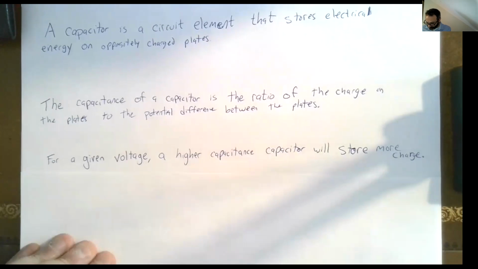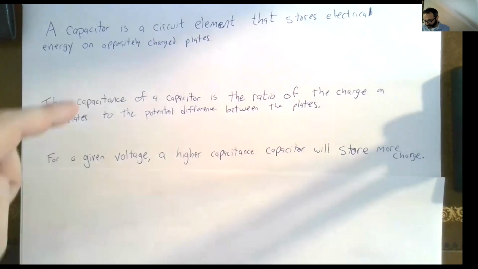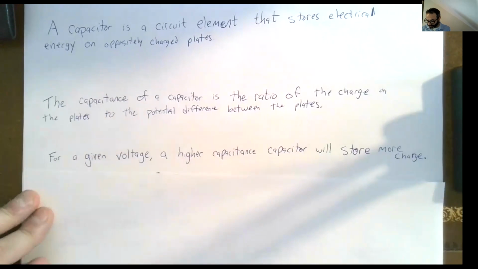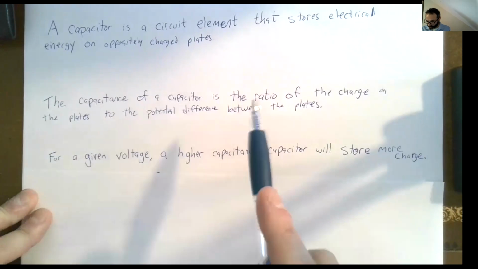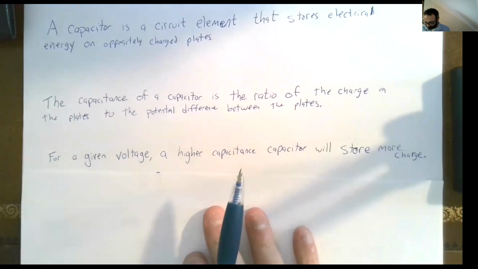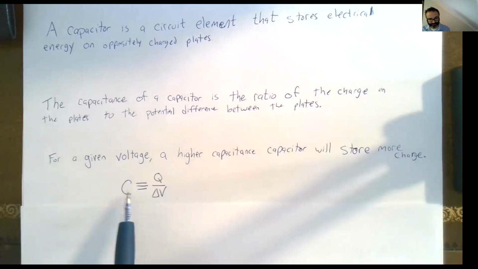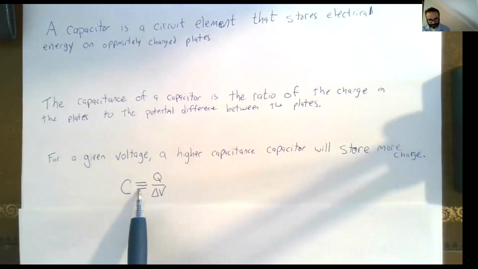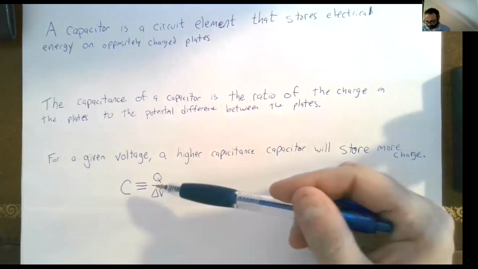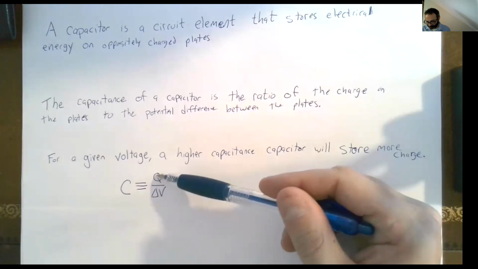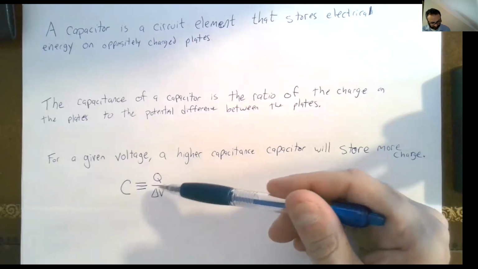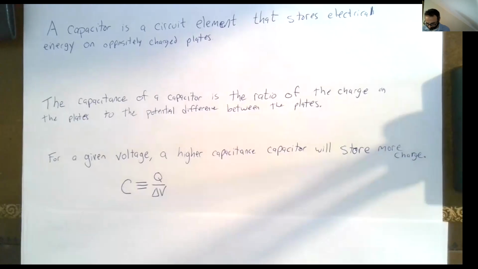The equation for capacitance that we define based on this, if we call the capacitance the ratio of the charge to the potential difference, in equation form says C, the capacitance, is defined to be the charge on one of the plates divided by the potential difference between the two plates.